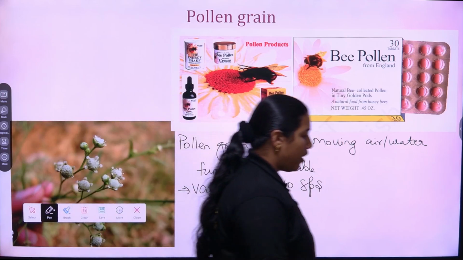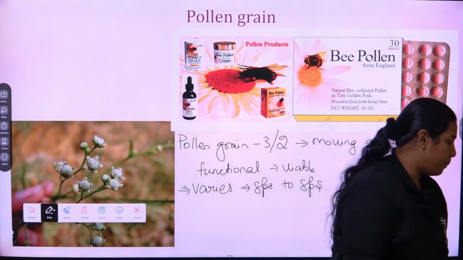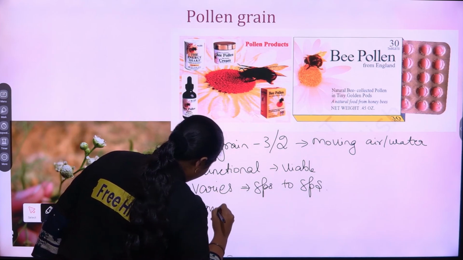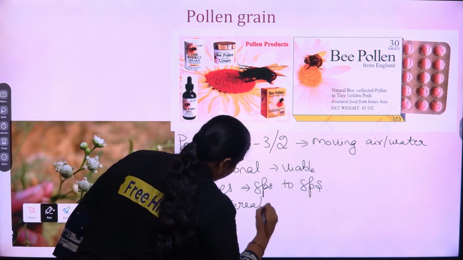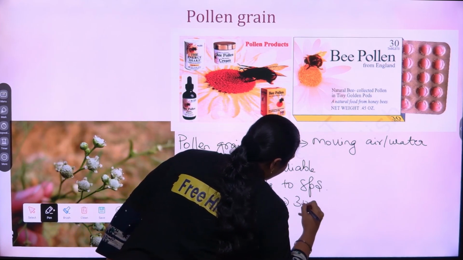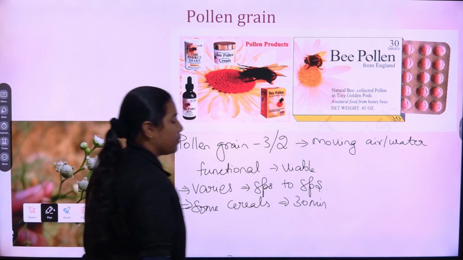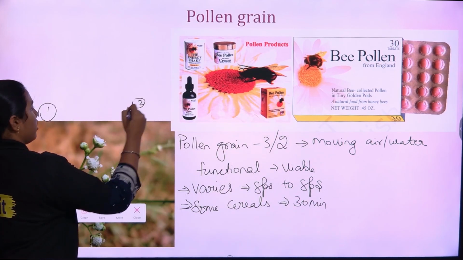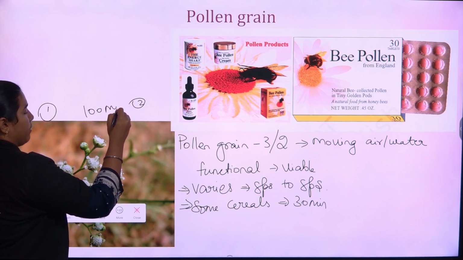Let me give you a quick example. Let me take some cereals. In cereals we have 30 minutes of viability. Remember, cereals don't grow one here and another 100 miles away, right?